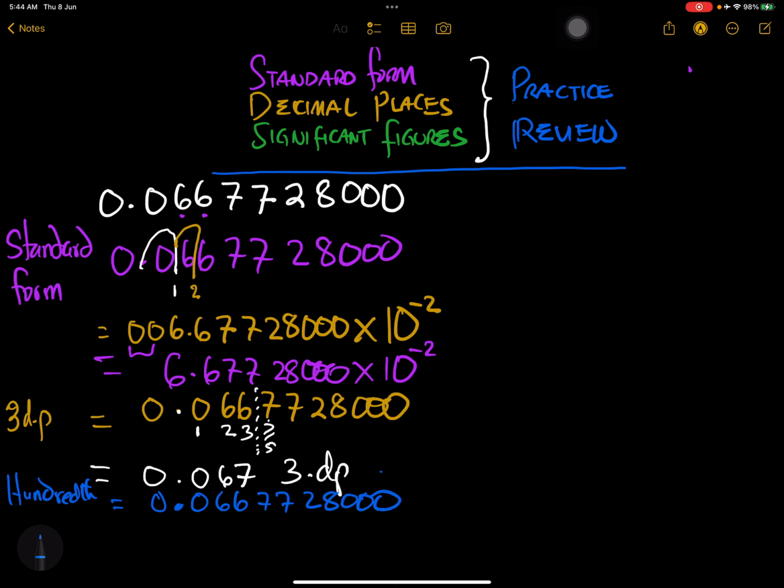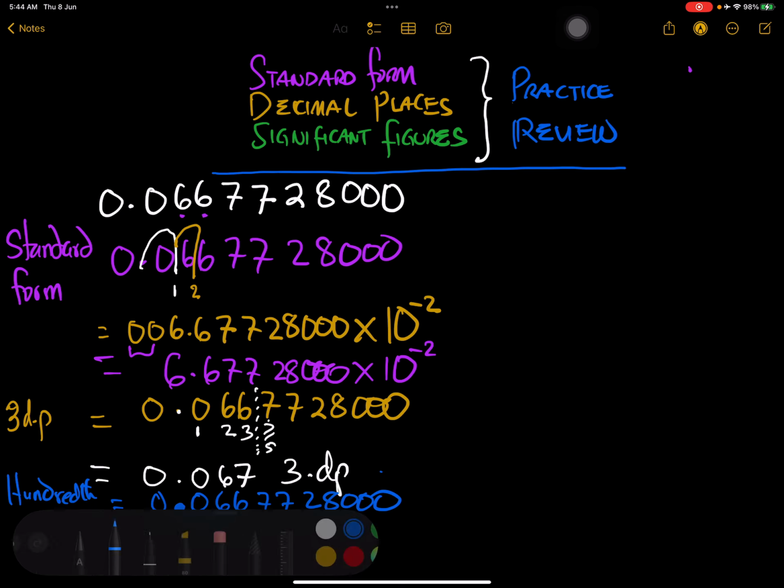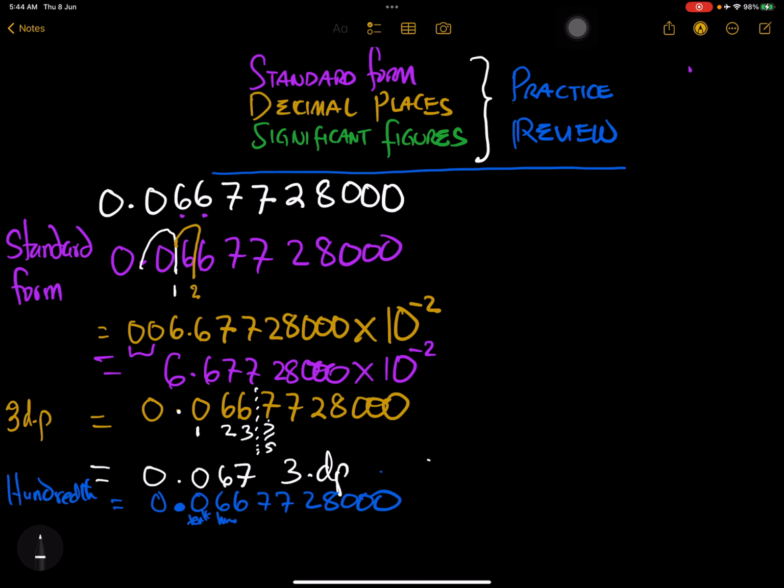Right after the decimal point, this is your tenth and this is your hundredth. Because that's our hundredth, we're going to drop a dotted line right after that. The next digit is greater than or equal to 5, so we're going to add 1 to this. That gives us 0.07, and this is the hundredths place, or the second decimal place.